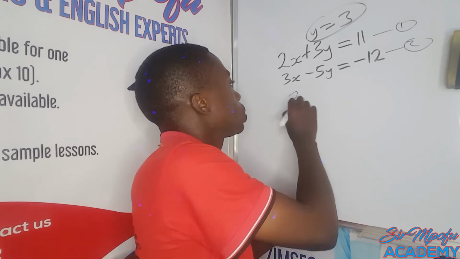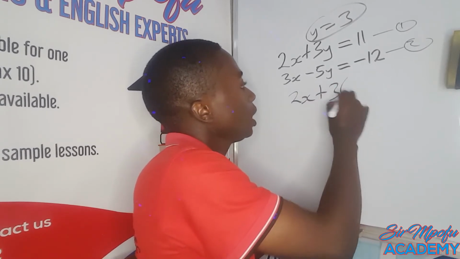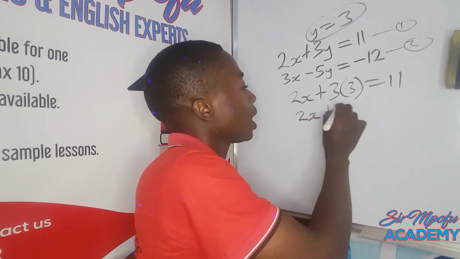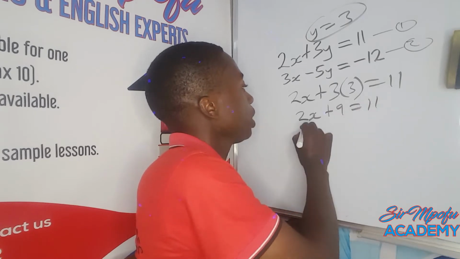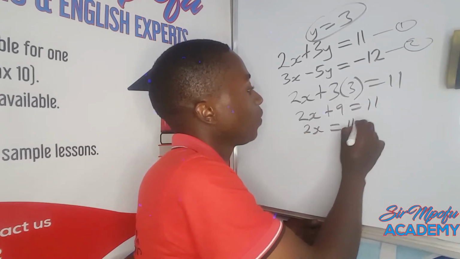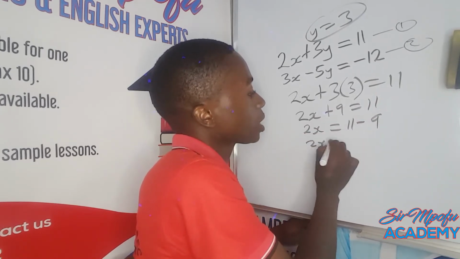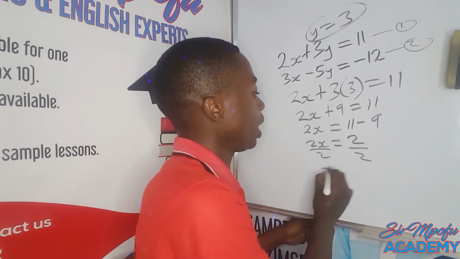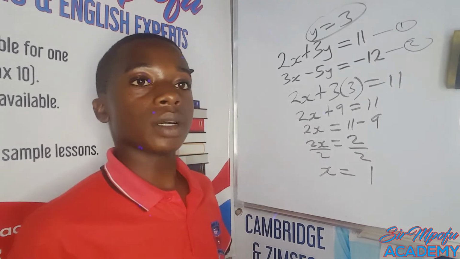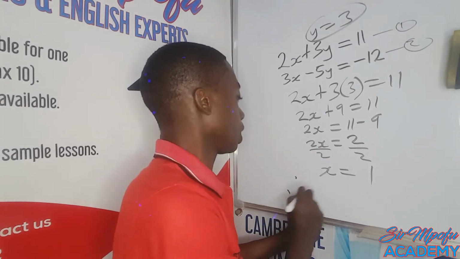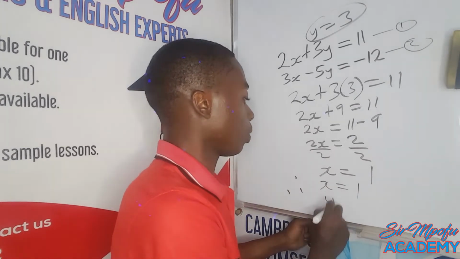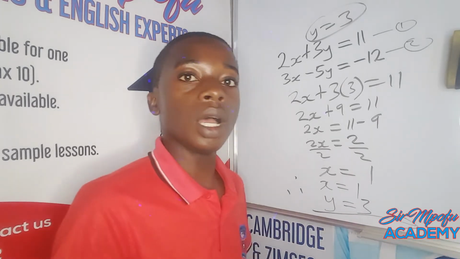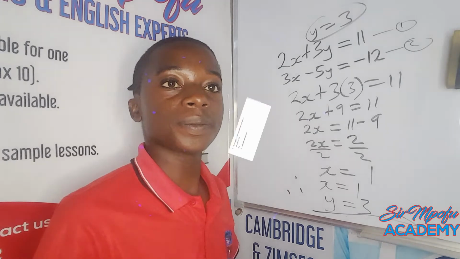So it will be 2x plus 3 times 3 is equals to 11, which is 2x plus 9 equals 11, which is 2x equals 11 minus 9, that's 2. Divide both sides by 2, so it will be x is equals to 1, right? Therefore, x is equals to 1 when y is equals to 3. It means these are our solutions.